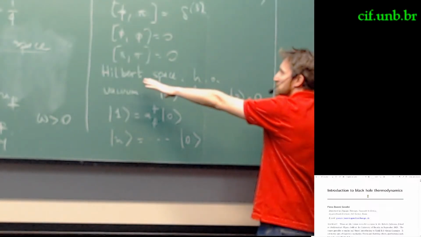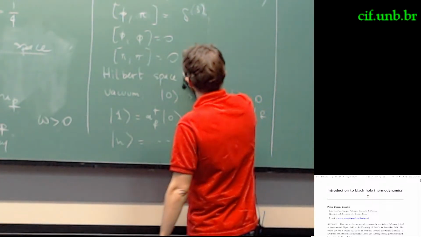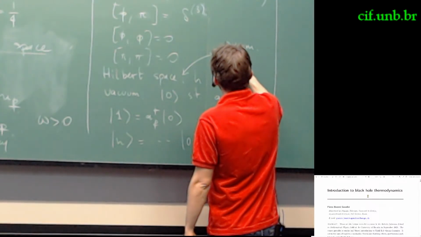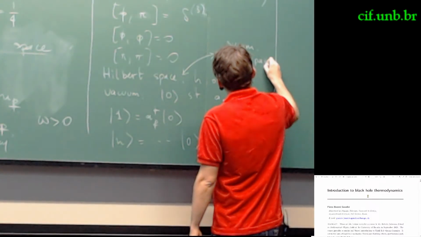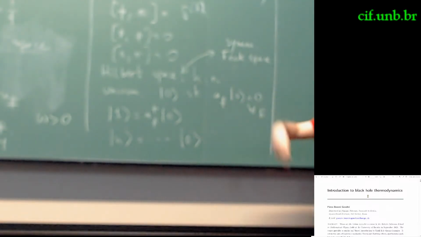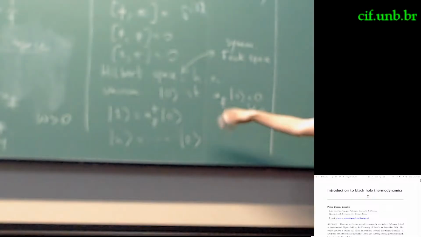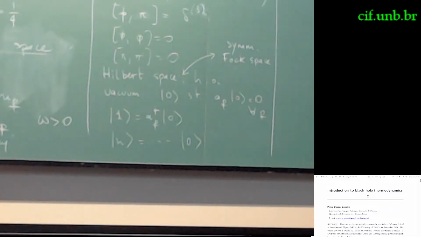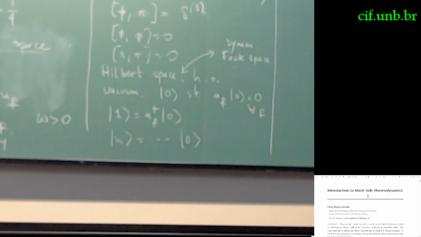Then you say that the Hilbert space is formally, perhaps you have heard these words, the symmetrized Fock space constructed from the harmonic oscillator. So the Fock space is the tensor product of all these that contains all the n particle states, and then you symmetrize to take into account indistinguishability of these particles. Okay, so far so good.